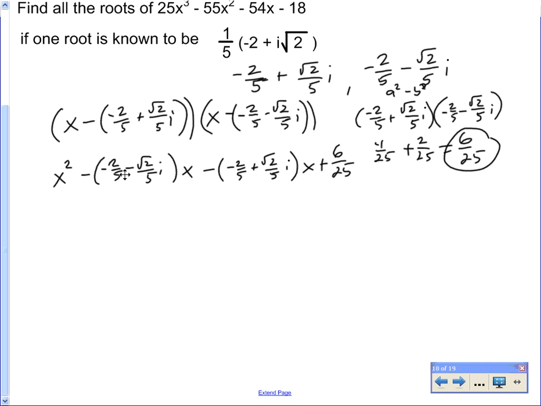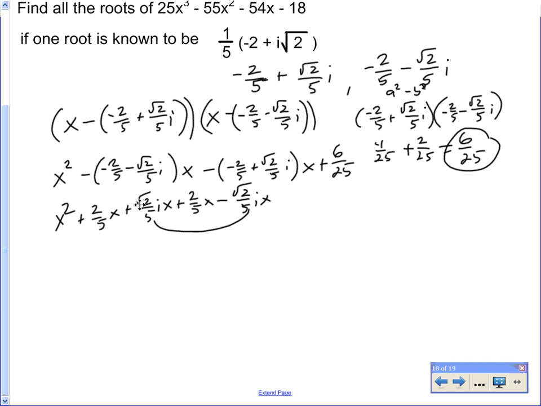Now let's simplify this inside part here. I'm going to distribute my x and my negative signs in. So I'm going to have positive 2/5 x, positive square root of 2 over 5 ix. I'm going to distribute my negative and my x here, so I get positive 2/5 x minus square root of 2 over 5 ix.